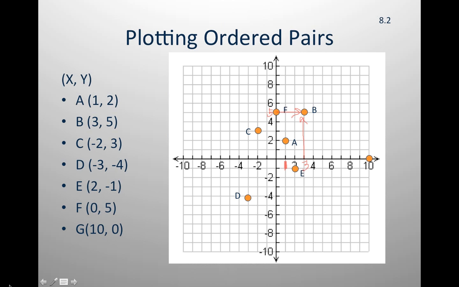At 10 and 0, y is of course 0, so that's why it's right on the axis. Anytime you see values like the last two, like this right here, this is what's called an x-intercept. X-intercepts are where the y value is always 0.